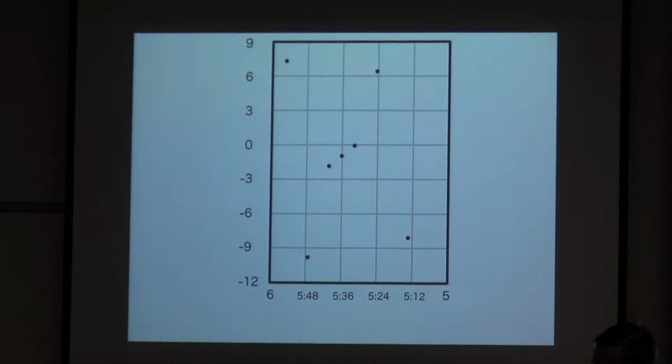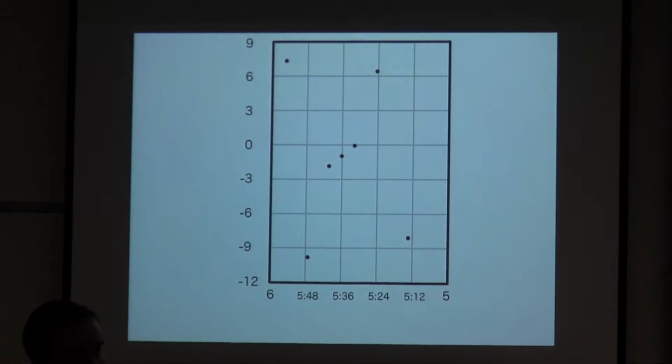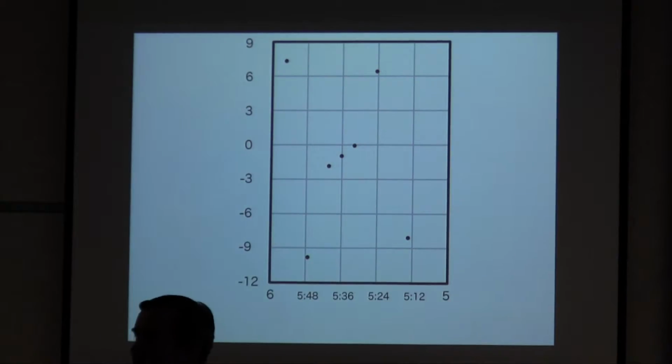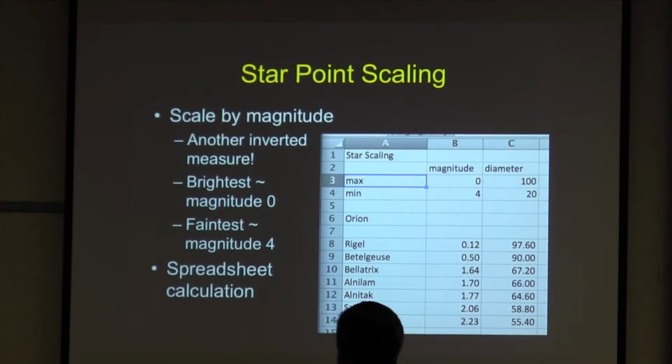Okay? All right. Now, one of the things that you could go into if you wanted to do some graphical work with this is something that I would call star point scaling. You'll notice in the table that we gave you a column called magnitude.